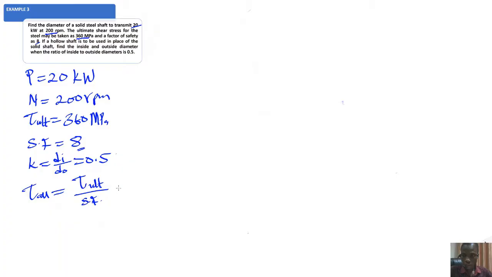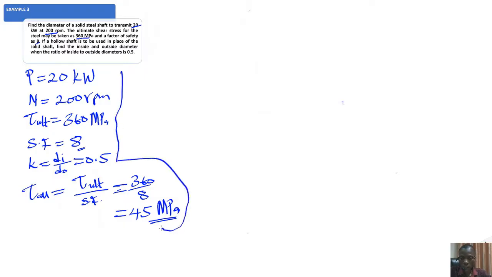If we put in the values, we have 360 over 8, and that will give us 45 megapascals. So this gives us the value for the allowable shear stress. That's the shear stress we'll use in determining the size of the shaft.